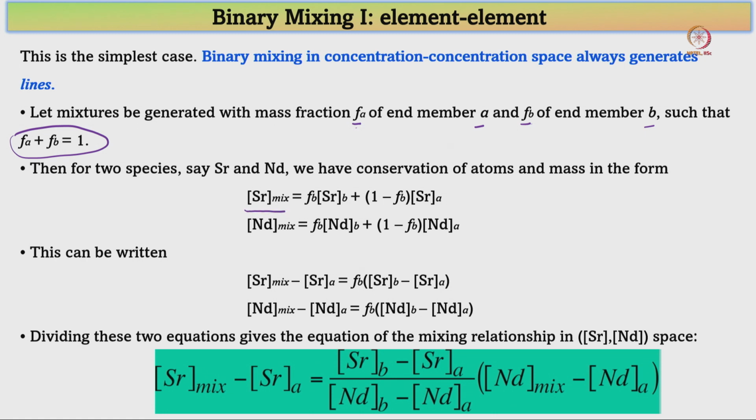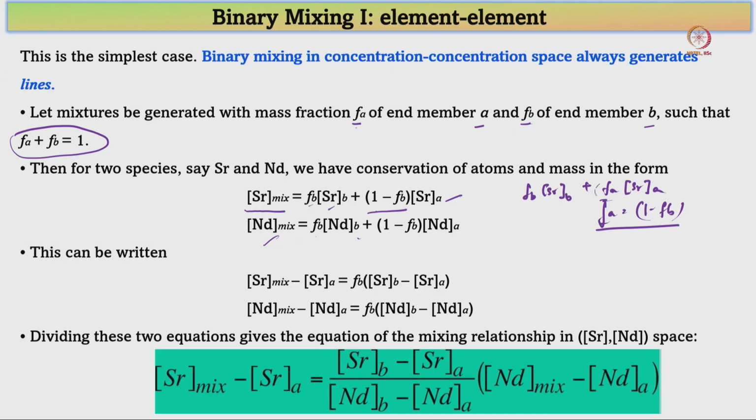My strontium mix is going to have fractions coming from strontium, and since F A is equal to 1 minus F B, I am going to remove that F A term and write 1 minus F B into strontium A. So, basically that is F B into strontium of B plus F A into strontium of A. Instead of F A, I am changing it with 1 minus F B. Same thing we do with neodymium: F B of neodymium B plus 1 minus F B into neodymium A.